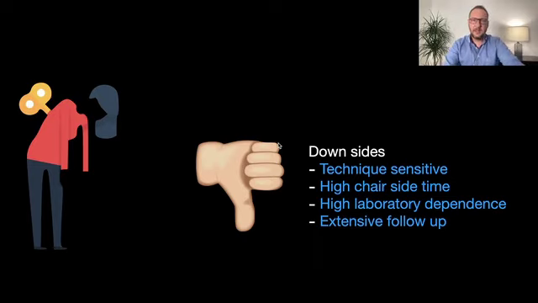Because it's a very sensitive technique. It depends on a good lab or a good orthodontist, and it takes a lot of chair time, a lot of lab time, and you need to invest in a lot of equipment for your lab, okay? And for each stage you need to do everything again.